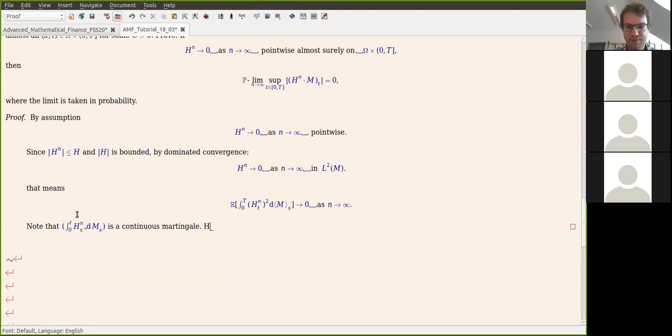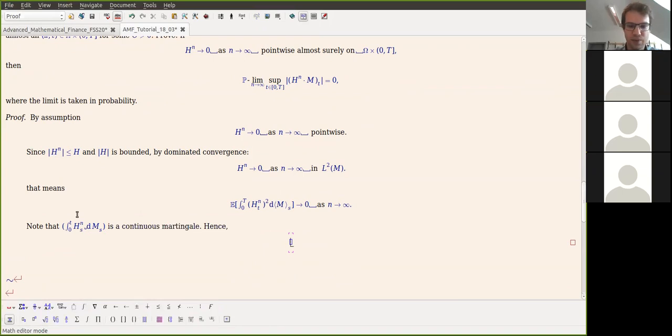Okay, so what can we do now? We know that if we consider the expected value of the supremum for 0 to t, and this is in L2 actually, so I can put this here, and I want to consider the L2 norm of this. How can we estimate this? Okay, you want to use Doob's inequality.